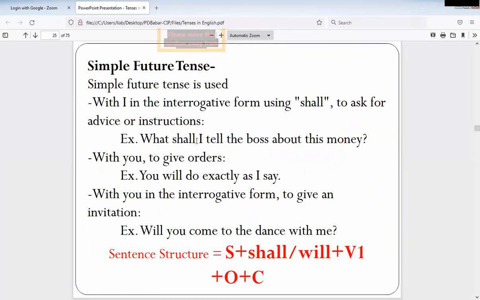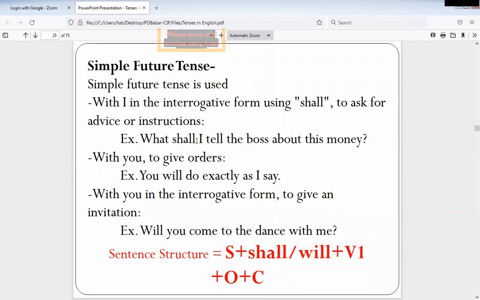Then another situation in which we can use the simple future tense is with I in the interrogative form, using shall to ask for advice or instructions.